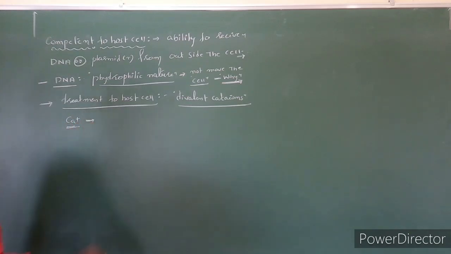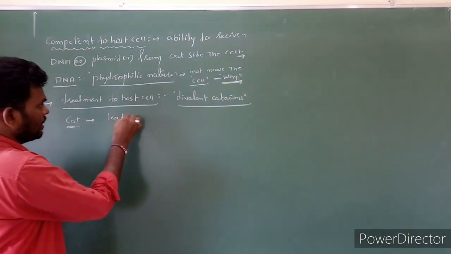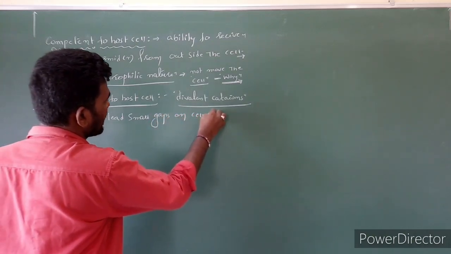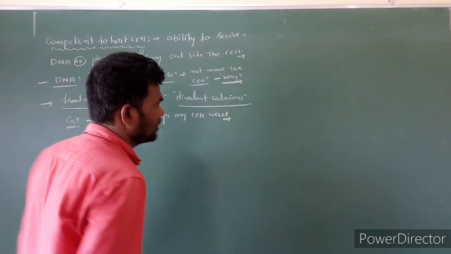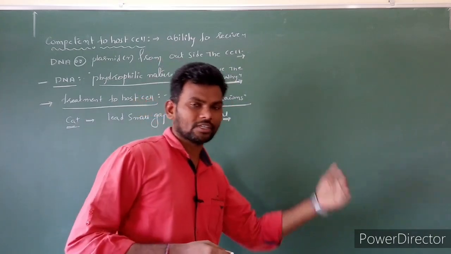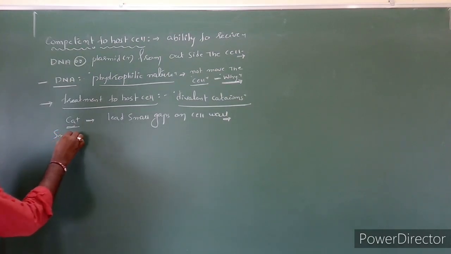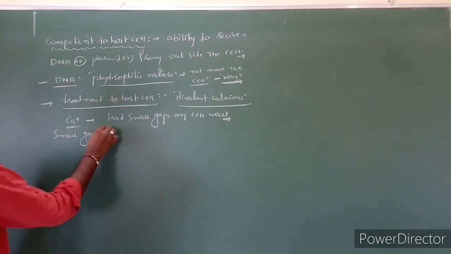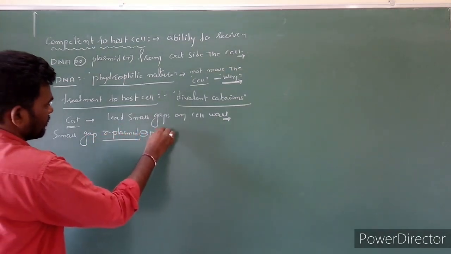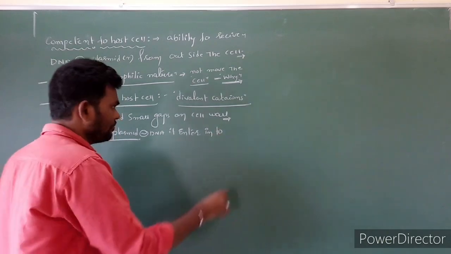When we treat the cell with divalent cations such as calcium, it leads to small gaps in the bacterial cell wall. This small gap is enough for movement of the plasmid or DNA from outer side to inner side of the cell. Through this small gap, our plasmid, or nothing but DNA, enters into the host cell.